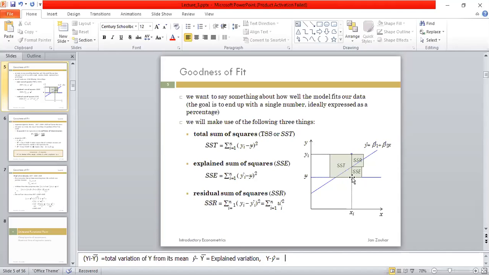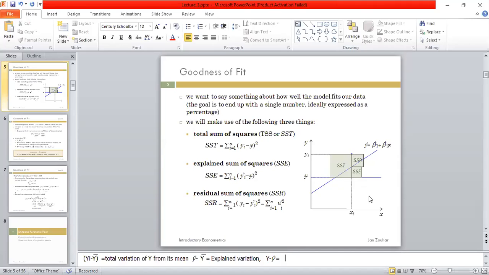You will get 30 total variations. Some of them will be positive, where y is above the sample mean. Some will be below the sample mean, so they will be negative.